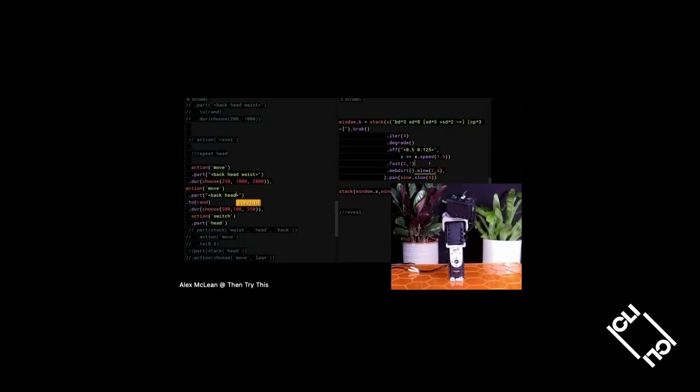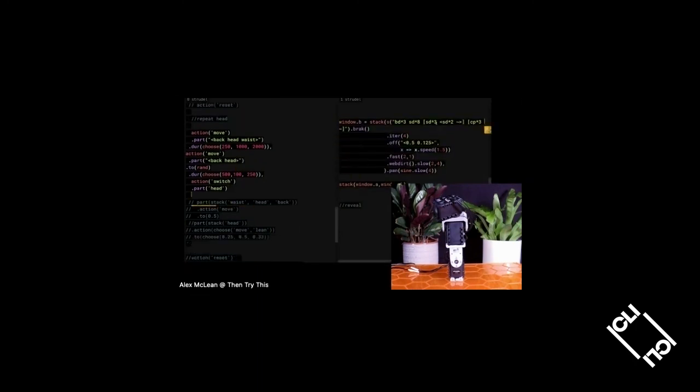Move your head to 80% over 0.25 seconds. Switch your heads. Move your waist over 1 second. Move your back to 44% over 0.1 seconds. Switch your heads.